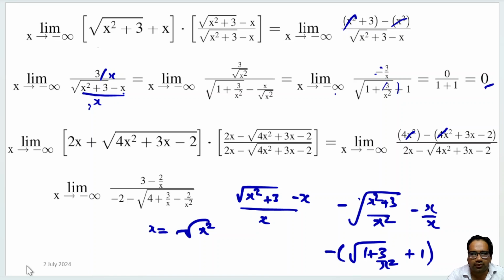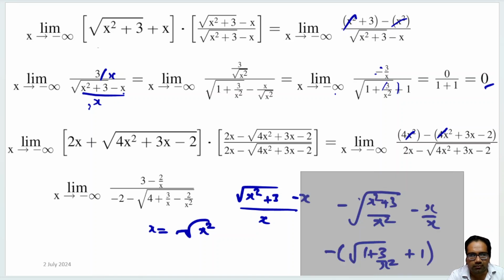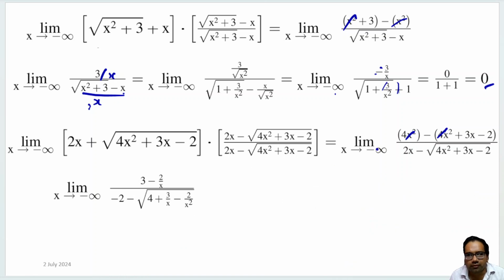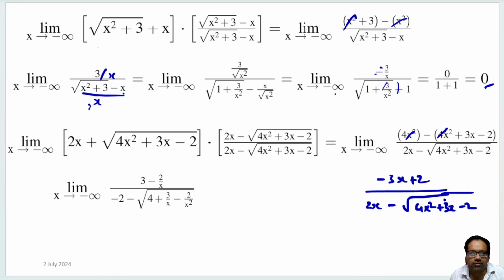We'll be left with minus 3x plus 2 by 2x minus under root 4x square plus 3x minus 2. What we'll do? We'll divide everything by x now.